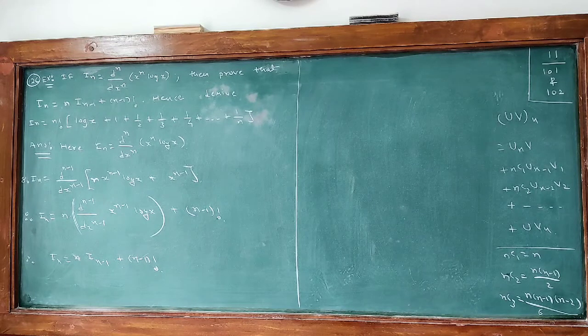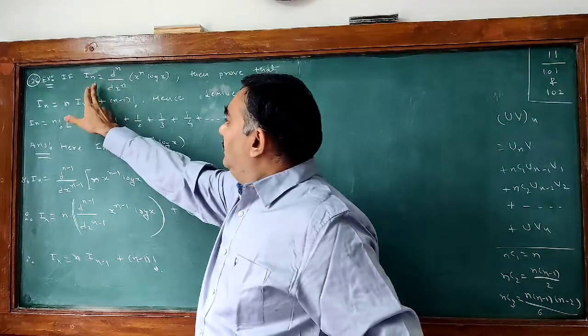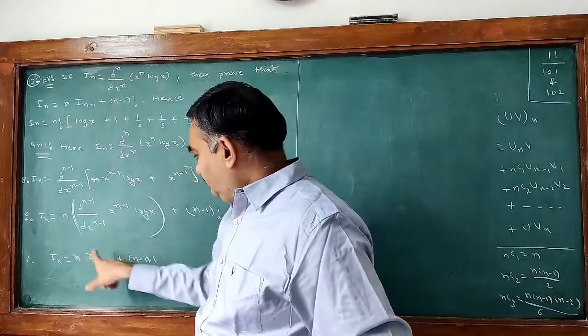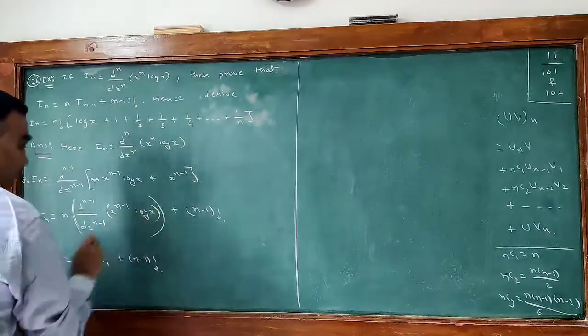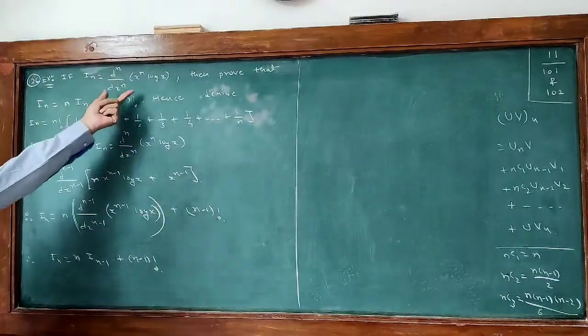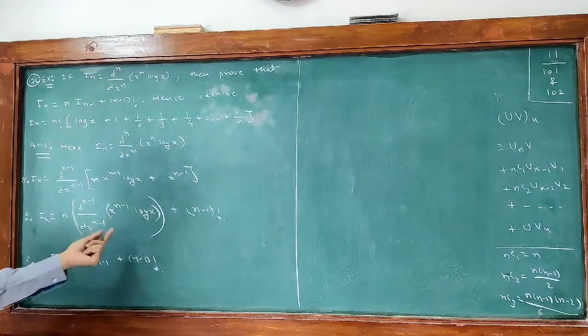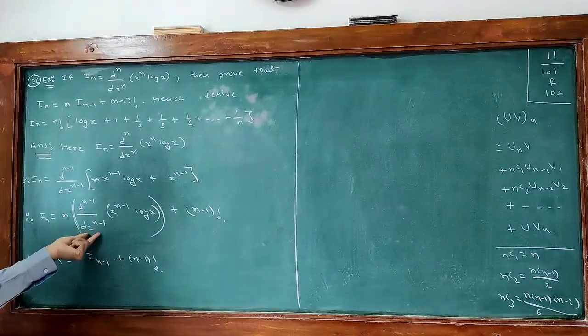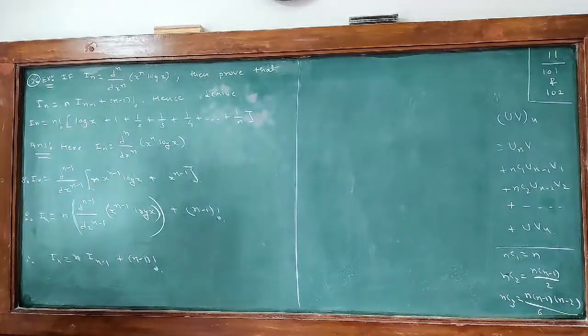So you see that it is of this form. For convenience, you can put one more bracket. You can understand that d^n/dx^n of x^n log x we call I_n, and here d^(n-1)/dx^(n-1) of x^(n-1) log x we call I_{n-1}.